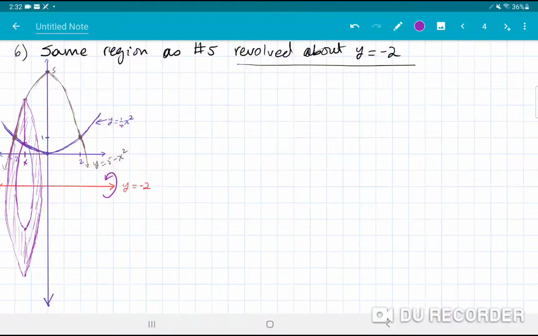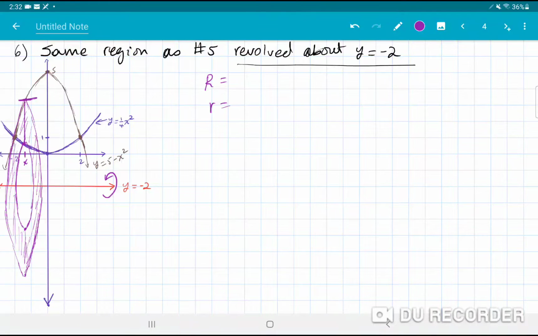All right, now we're going to need big R and little r. For the big R, we measure this distance. One thing we know is that from this point to the x-axis, the distance is 5 minus x squared.